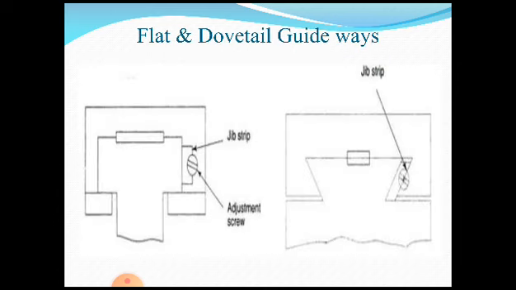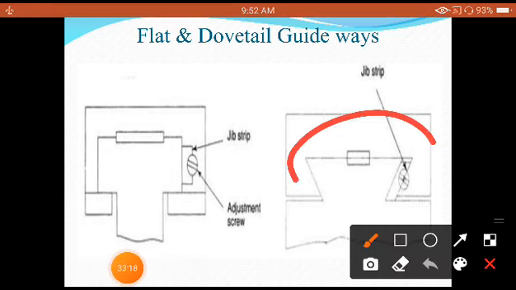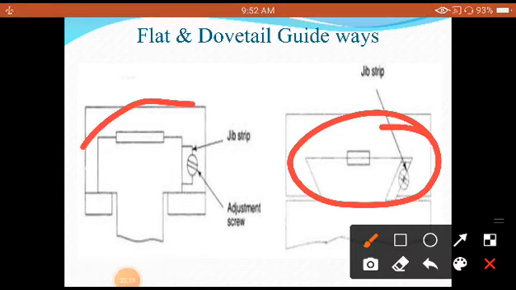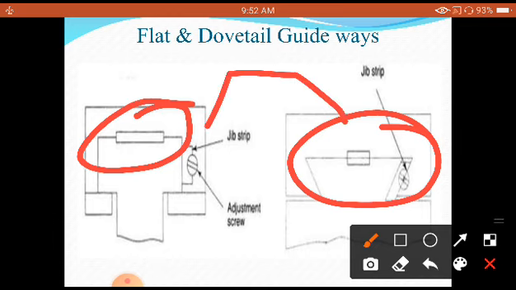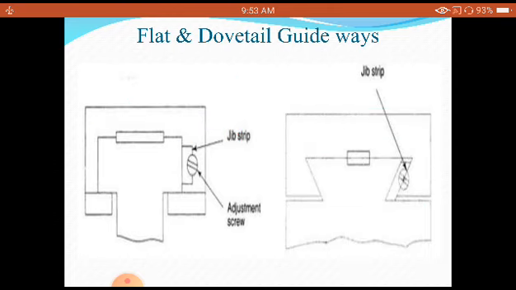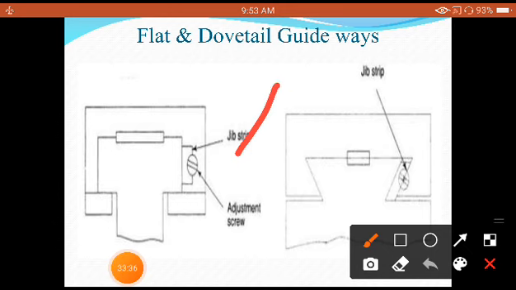And let us see the figure here. One of the most important, this is called a dovetail type. The flat one, which we already discussed, as you are going to see, is as good as a combination of an inverted V. The flat means it is like this, and this is an inverted V. So it is very clear, whenever we consider an inverted V it would be like this and the flat would be like this.